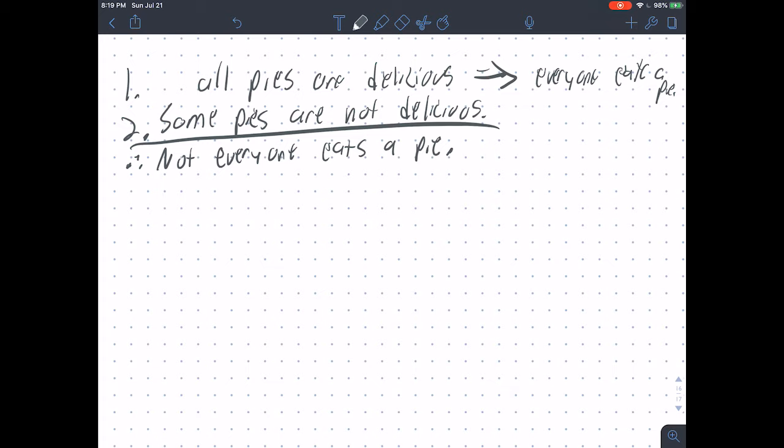So just as a little spoiler of what we're going to do going forward: starting next week, we are going to learn techniques to deal with arguments and sentences like this that mix and match term logic and propositional logic. And that's when the class starts to get pretty difficult, and that's why the pace slows down in the second half of the course.